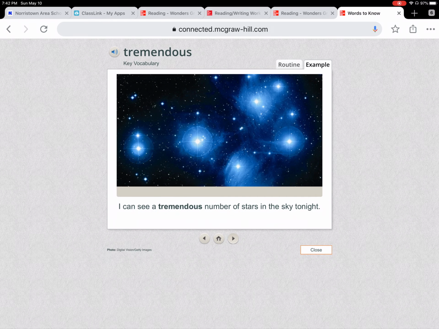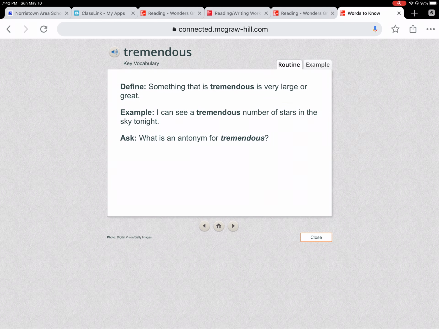Our next word is tremendous. I can see a tremendous number of stars in the sky tonight. A tremendous number. That word number is a clue. Our definition, something that is tremendous is very large or great.